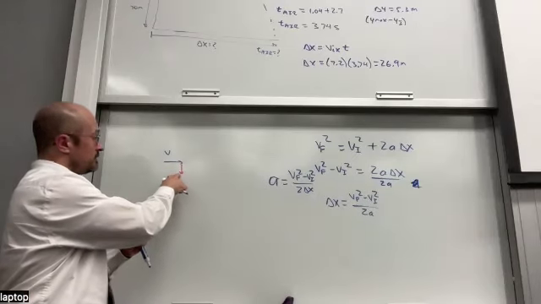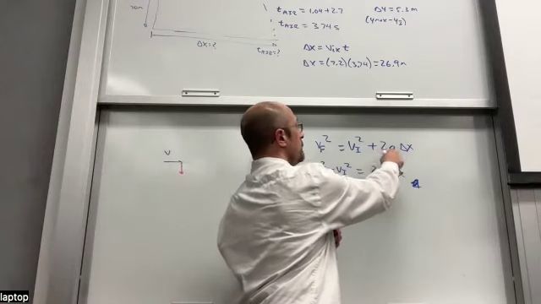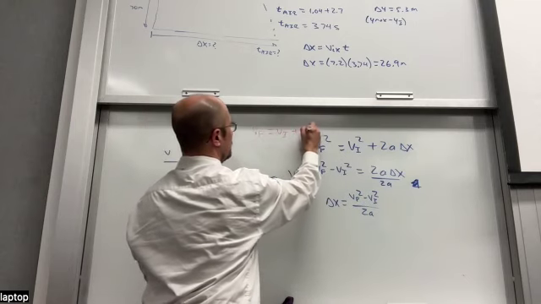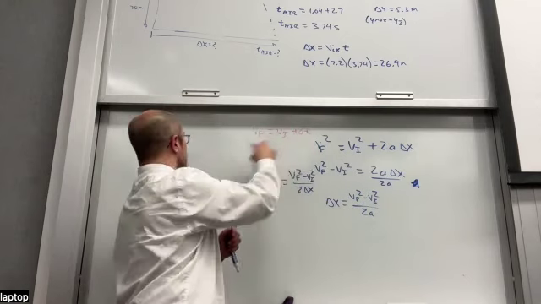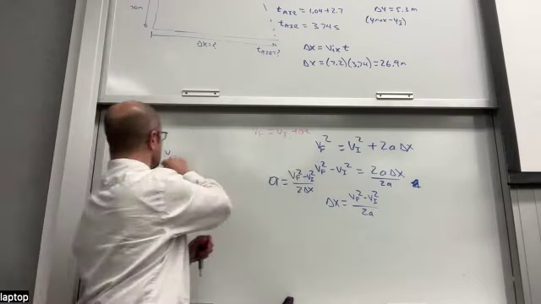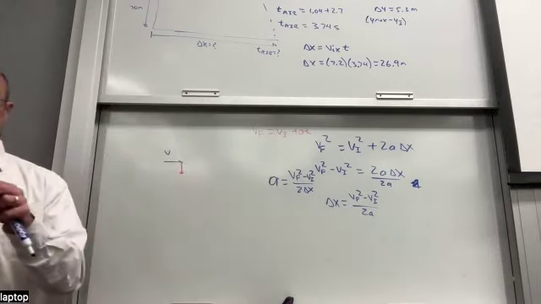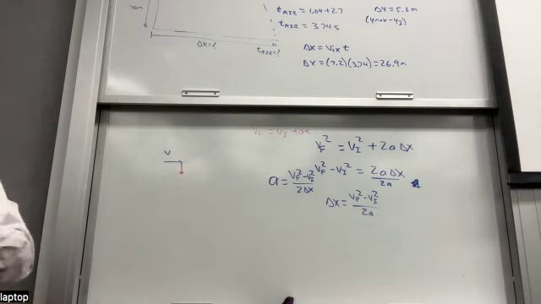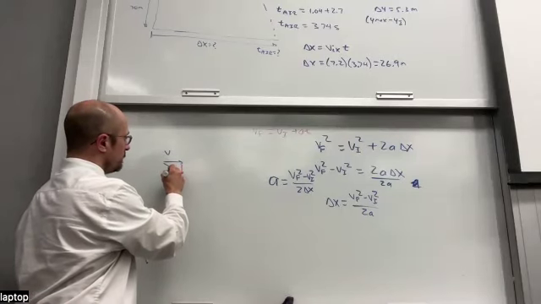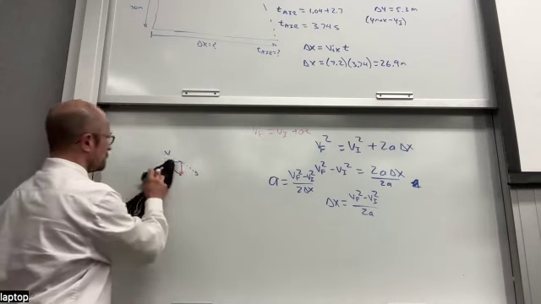This will cause the velocity vector to change, but it won't change in magnitude, because when you think about v final is v initial plus at, this a component doesn't have anything lined up with the v. So there's no acceleration on this vector that changes the magnitude. Instead this direction gets changed, and there is your new v initial essentially.